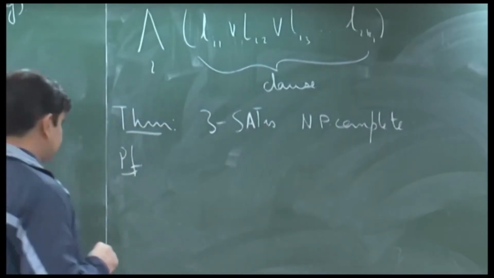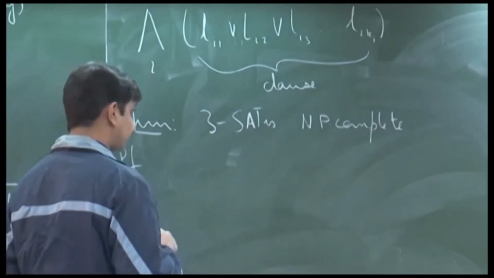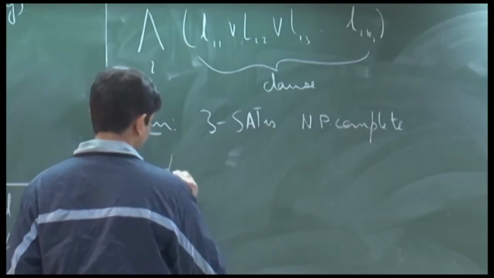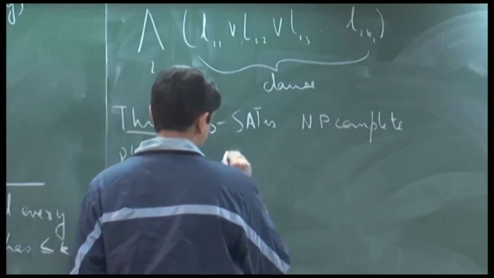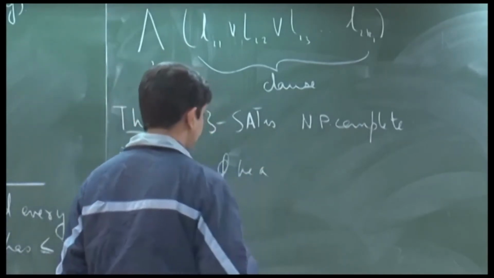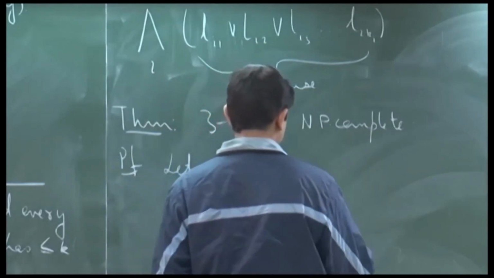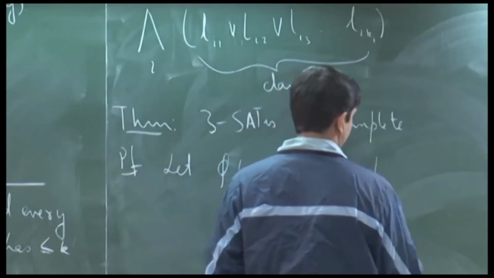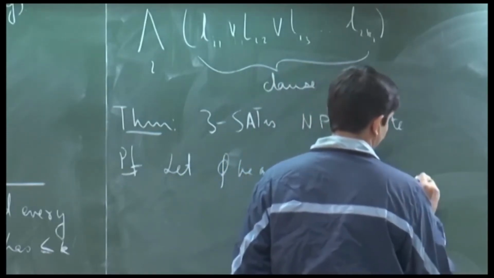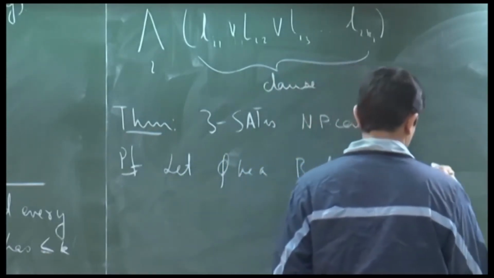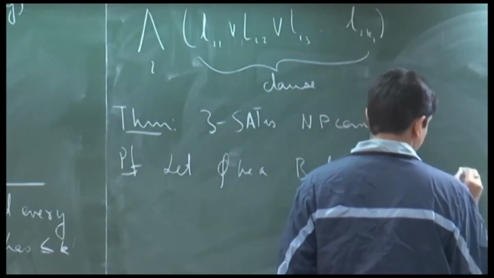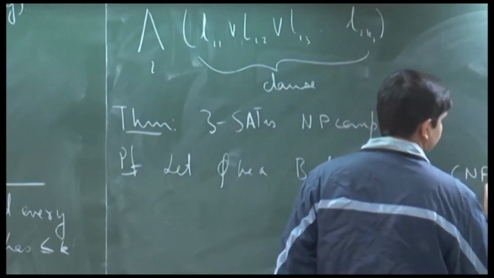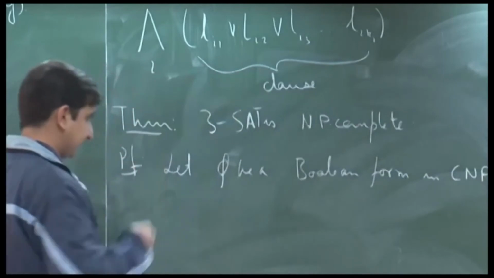So, how to prove this? Let phi be a Boolean formula in CNF, in conjunctive normal form.